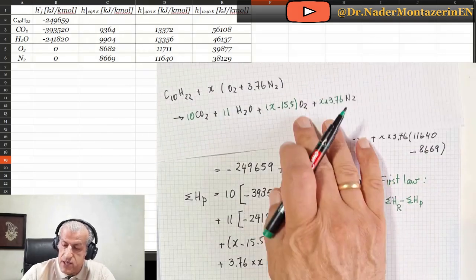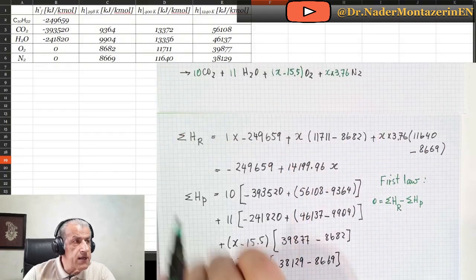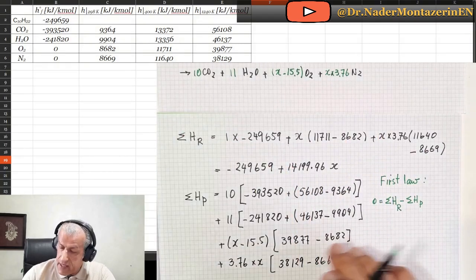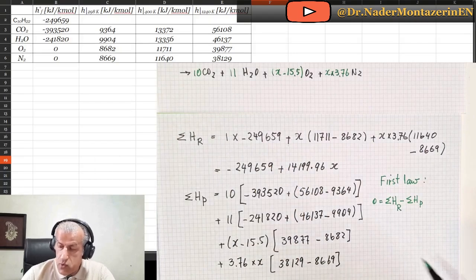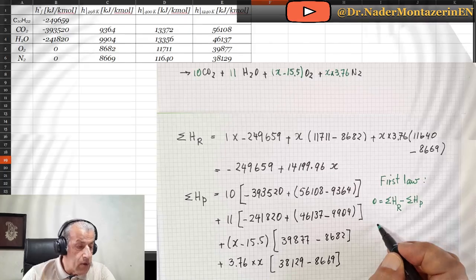We have calculated sigma HR here. We have calculated sigma HP here, and all we need to do is to set them equal.